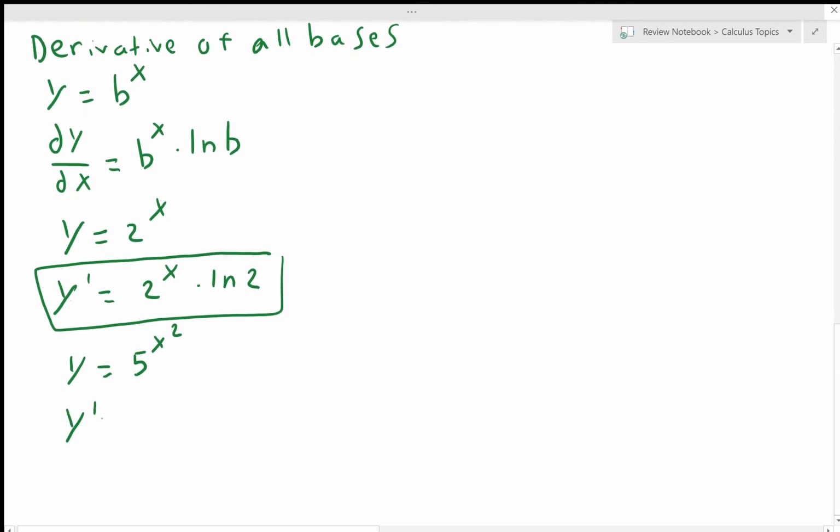Our derivative would be, rewrite it, 5 to the x squared times ln of the base, ln of 5, and then we need the derivative of that exponent. So x squared would be 2x. And there you have it.